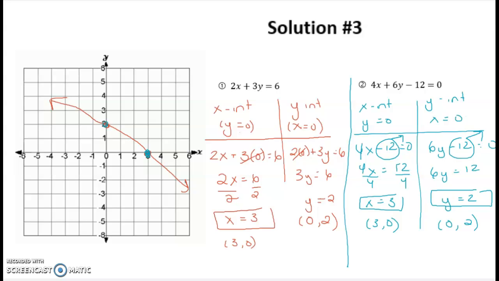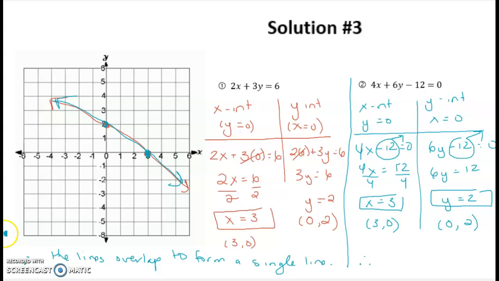Oh my goodness. What do we have here? We have the exact same line. So therefore, the lines overlap to form a single line.